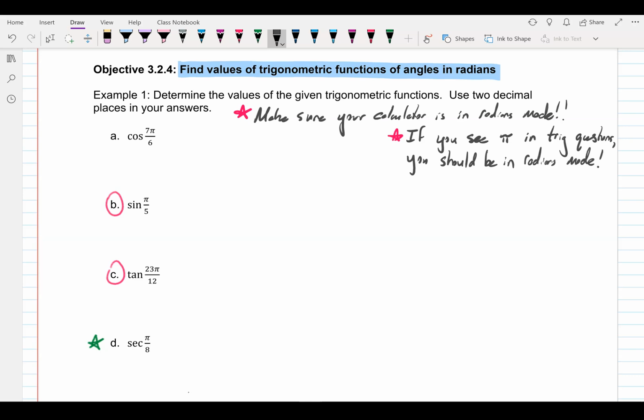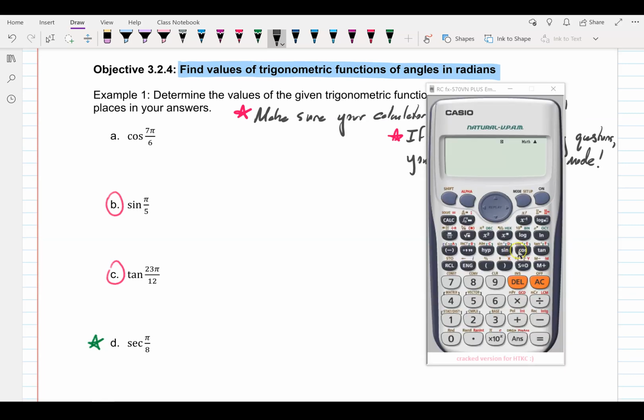Okay, so just a couple pieces of advice. Let's put this in our calculator. We have cosine of 7 pi divided by 6, and it gives us this crazy answer. If you got that, it means you're wrong, because this calculator right now is not in radians mode. Let's give the same exact expression again.